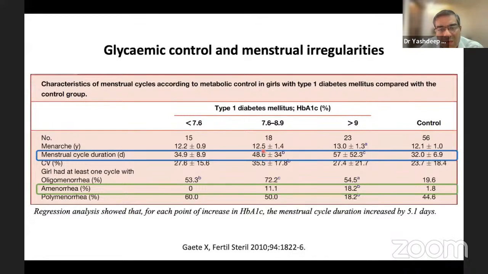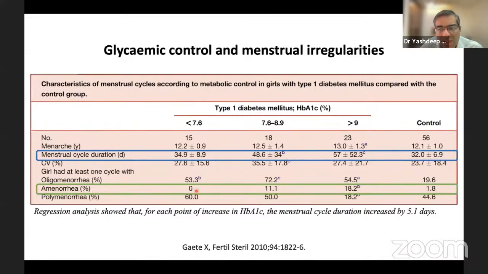So mean cycle length is 48.6 days as compared to 34.9 in this category. And when we talk about greater than 9, that is poor glycemic control, it's nearly double as compared to the control. So there's a marked impact on menstrual length with the degree of hyperglycemia. Similarly, we talk about amenorrhea, which is defined as a 90-day period of no menses. About 1.8% of girls are impacted in the control arm.